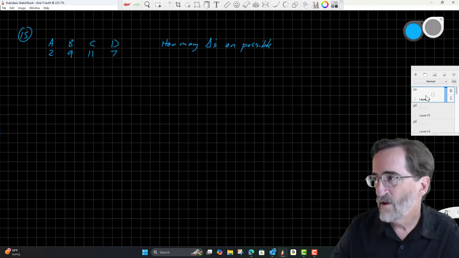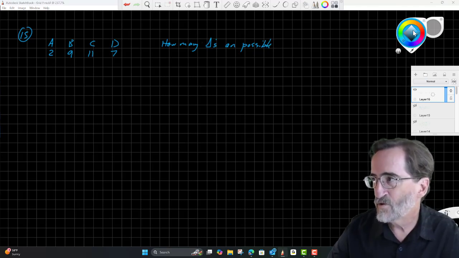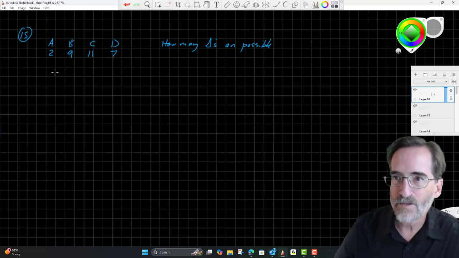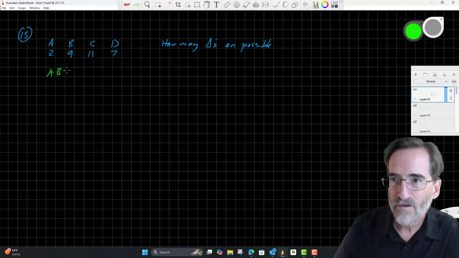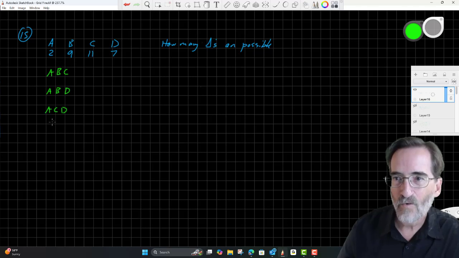Okay, triangles have 3 sides. So here are the 3-letter combinations. We could do ABC. We could do ABD. And we could do ACD. Or we could also do BCD. Note that if I scramble the letters, it's the same triangle.